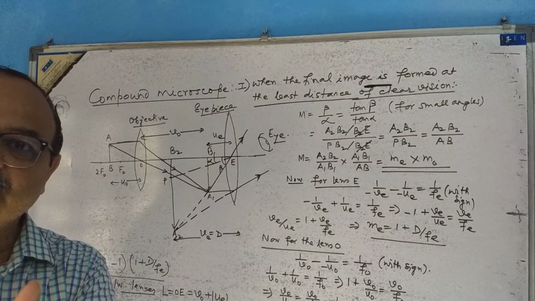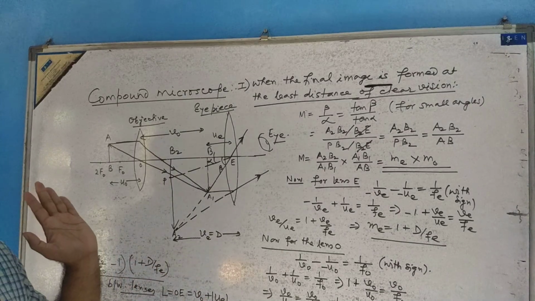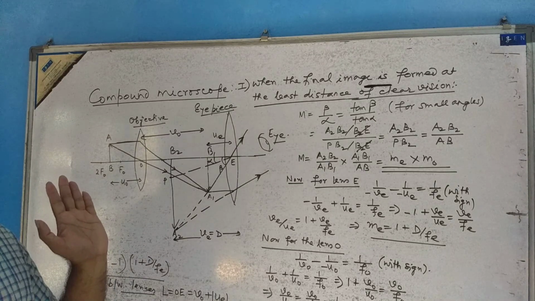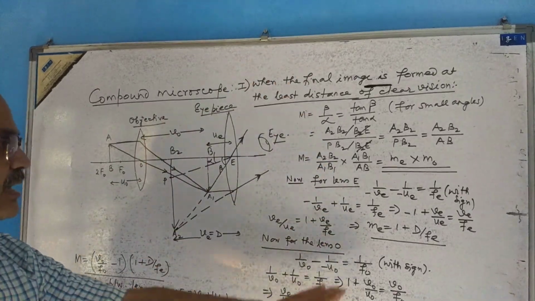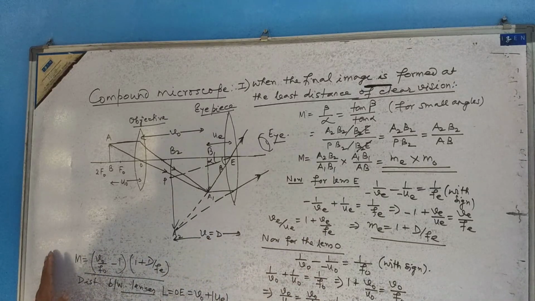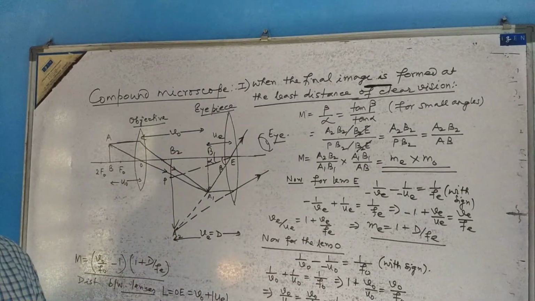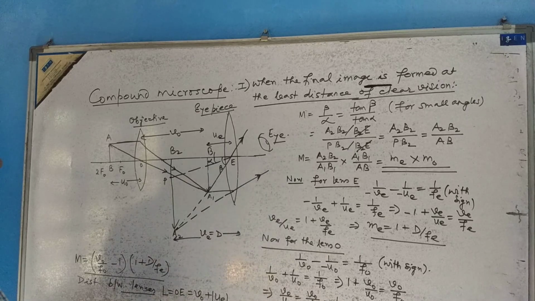So you have to be very careful when you are doing this, you have to put it in this way. It's alright. I hope, dear students, you have understood it. This is the whole thing about the magnifying power, and this is the whole thing regarding the distance between the two lenses. Alright, so this we are getting for the clear vision.